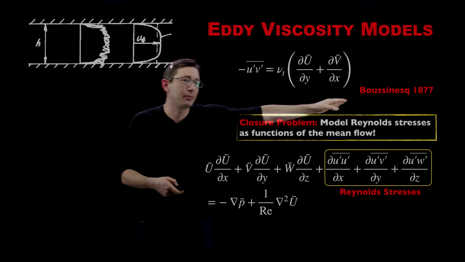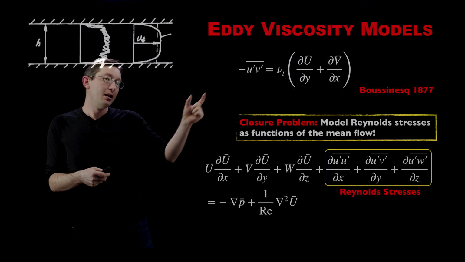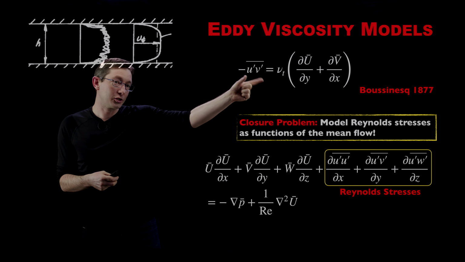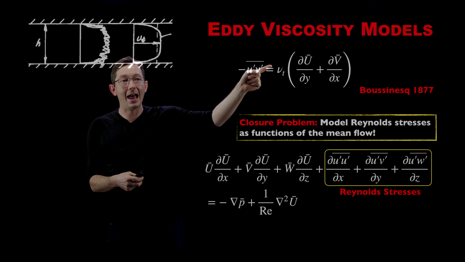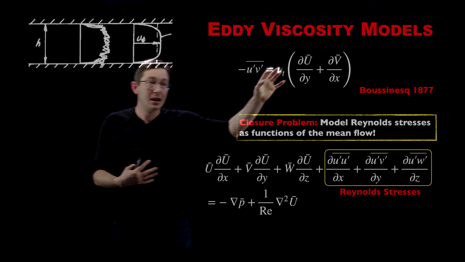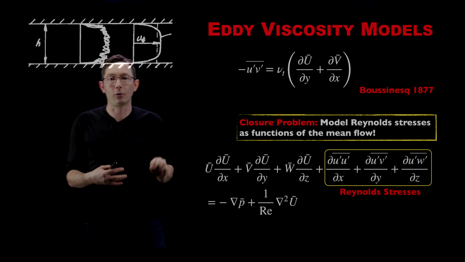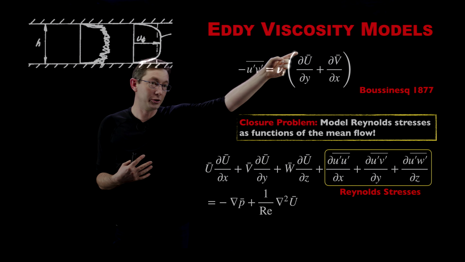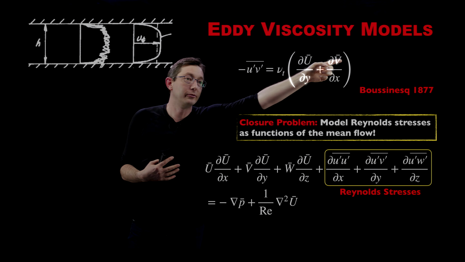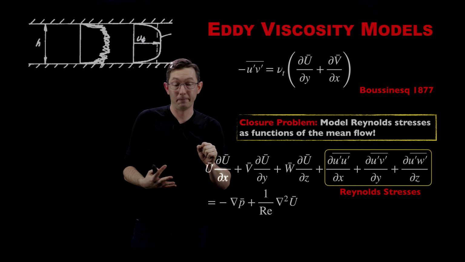And this was actually proposed a long time ago by Boussinesq in 1877, that we can model these turbulent fluctuations as some eddy viscosity, some effective viscosity nu_t, times the gradients of the mean flow. So partial u partial y plus partial v partial x for a 2D flow, like this channel flow up here, okay?